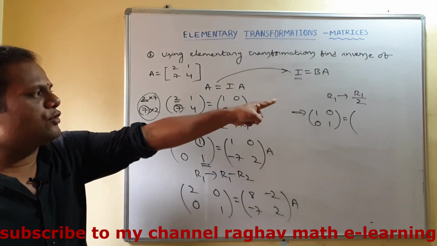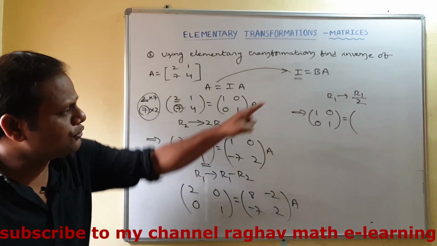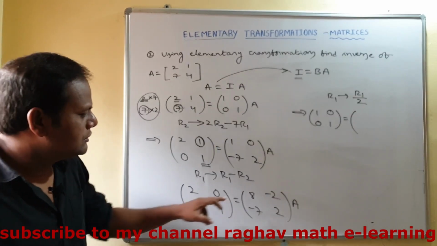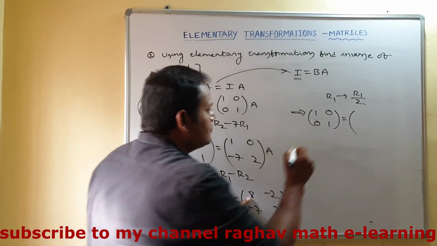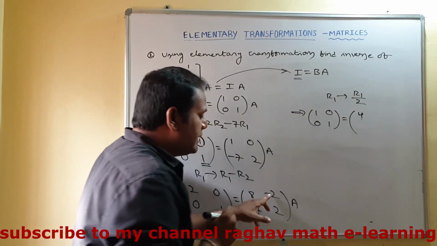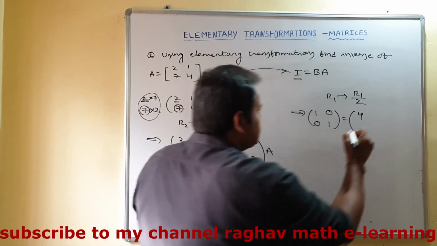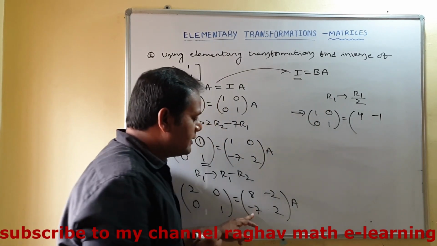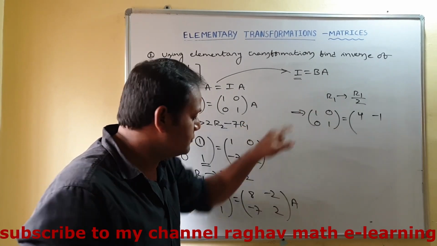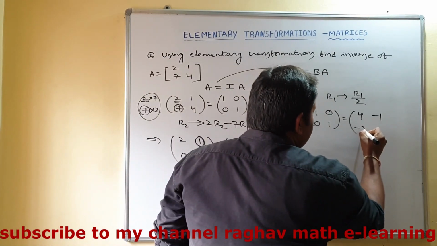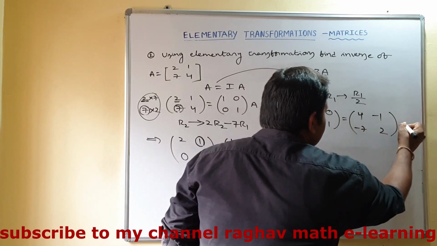On the right side also you have to apply the same operation, dividing R1 by 2. What we get: 8 by 2, that is 4; minus 2 by 2, that is minus 1. Take this as it is, because on the left side only R1 changed. No change in R2; take R2 as it is, minus 7 and 2, into A.